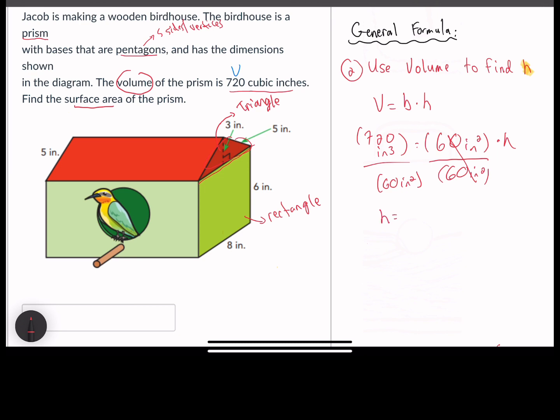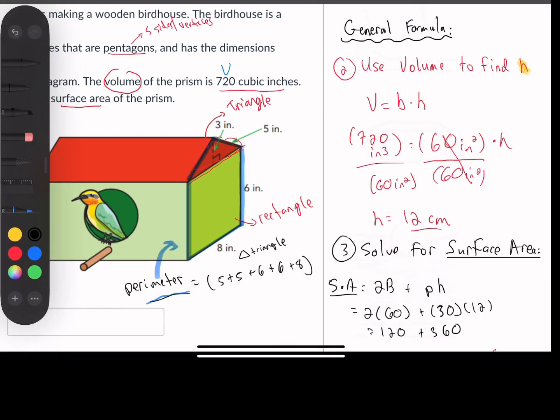And when we plug that into a calculator, we end up getting a value of 12, and that would be inches. Now that we have the height, now we can go ahead and solve for the surface area.